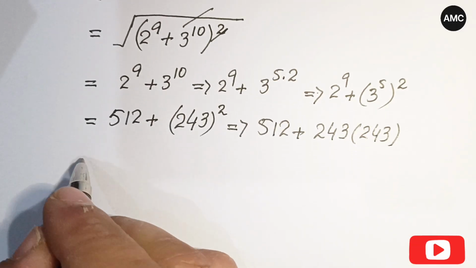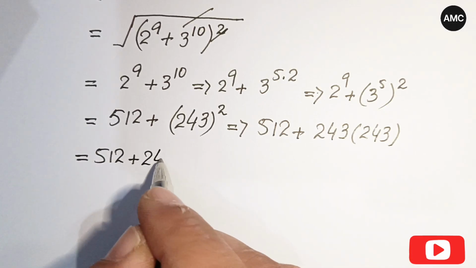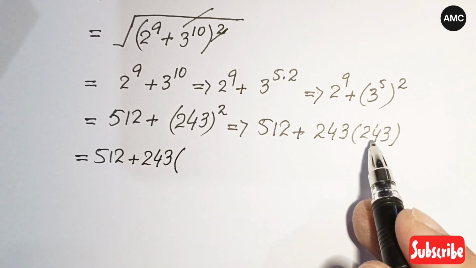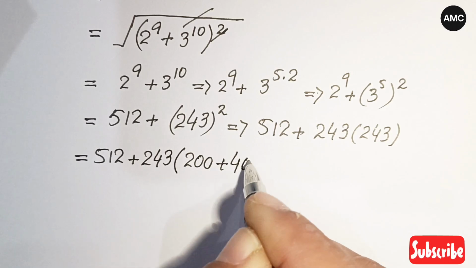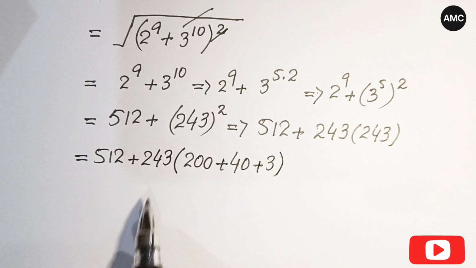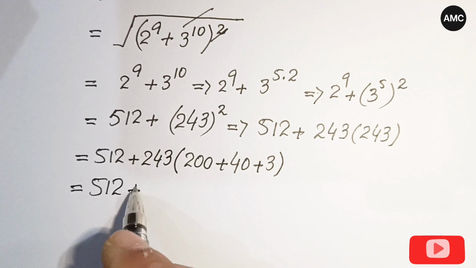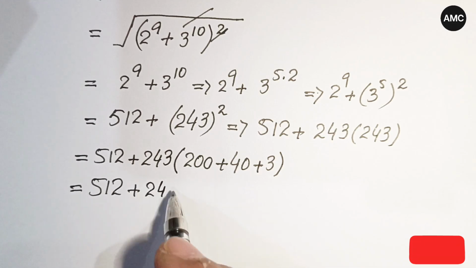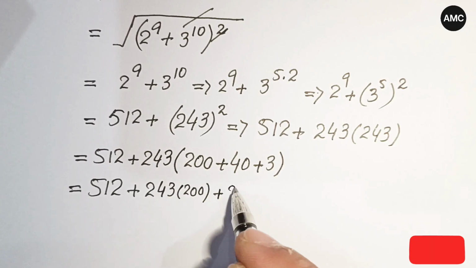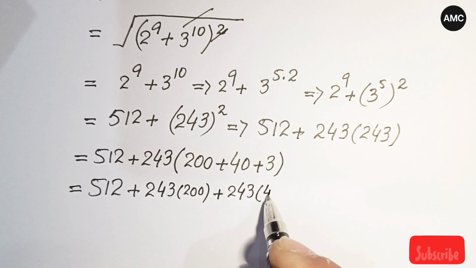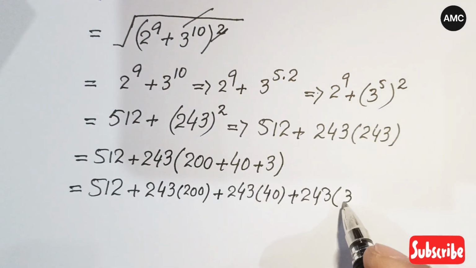So here, 512 plus 243 times, if we split this 243 like 200 plus 40 plus 3. Now multiplying this into the parentheses, we have 512 plus 243 times 200 plus 243 times 40 plus 243 times 3.